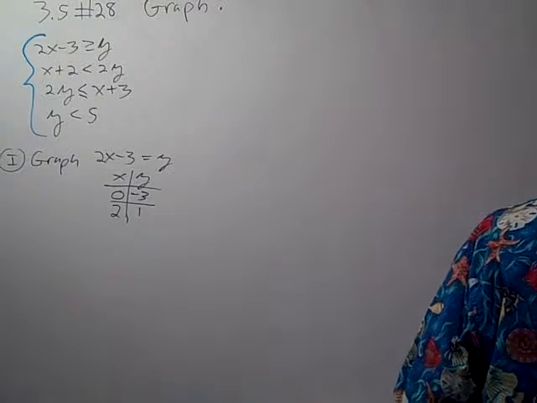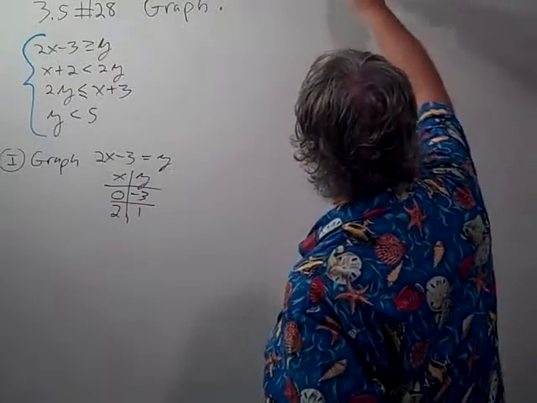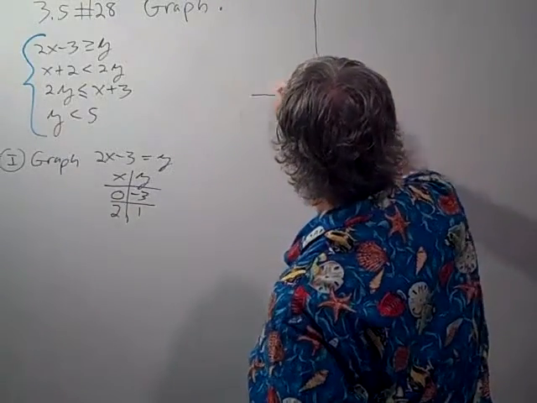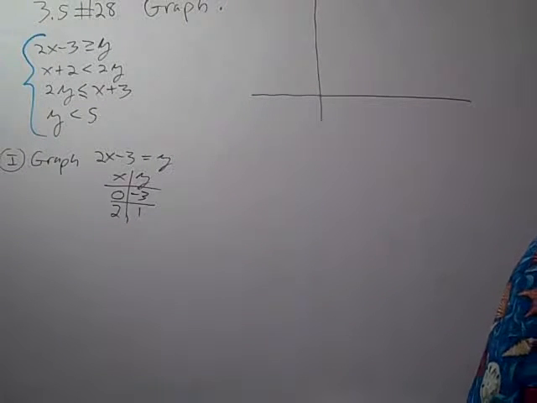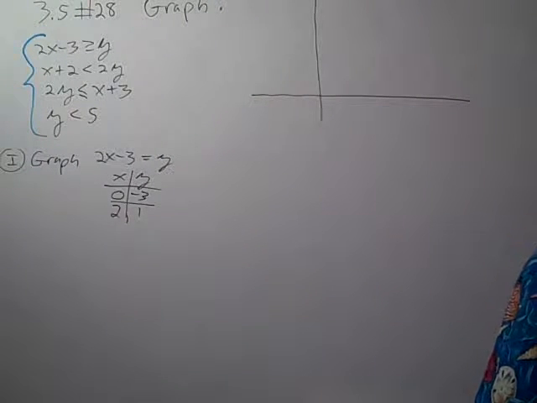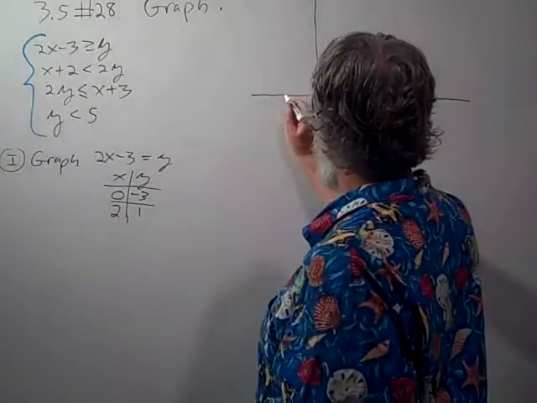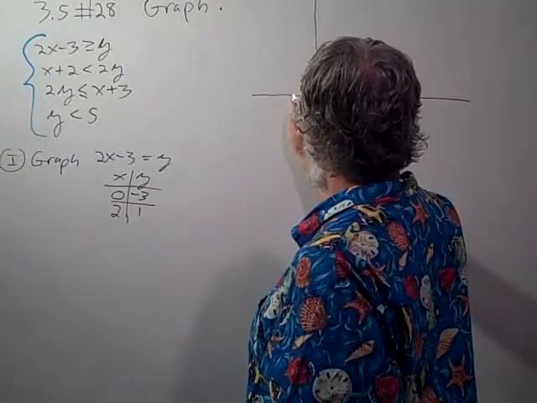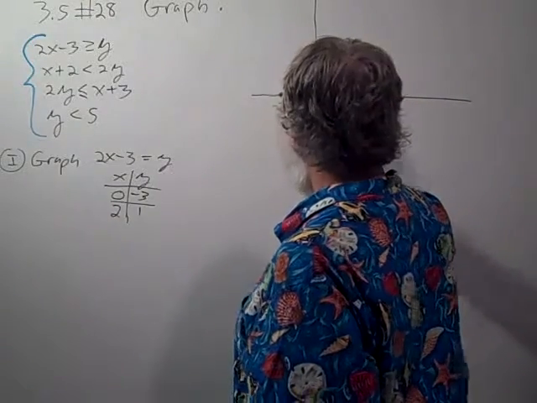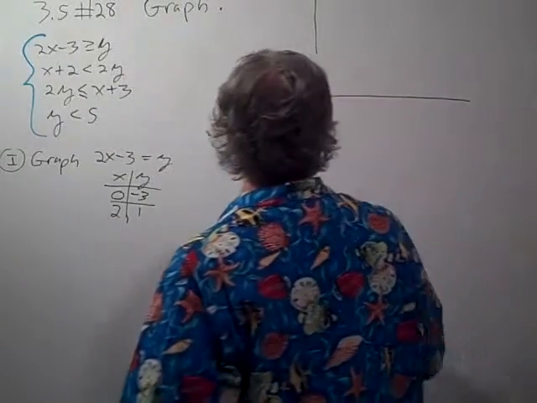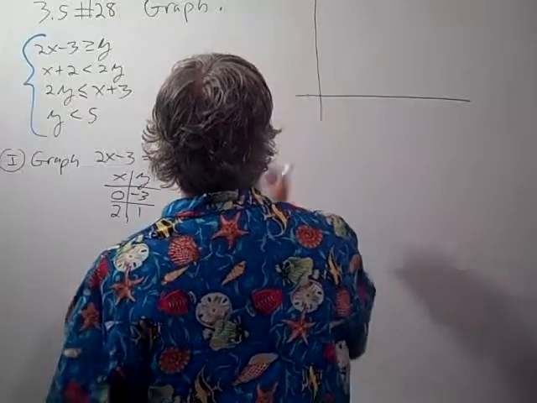So let's see, we have 0, negative 3. Well, 0, negative 3 is the y-intercept.